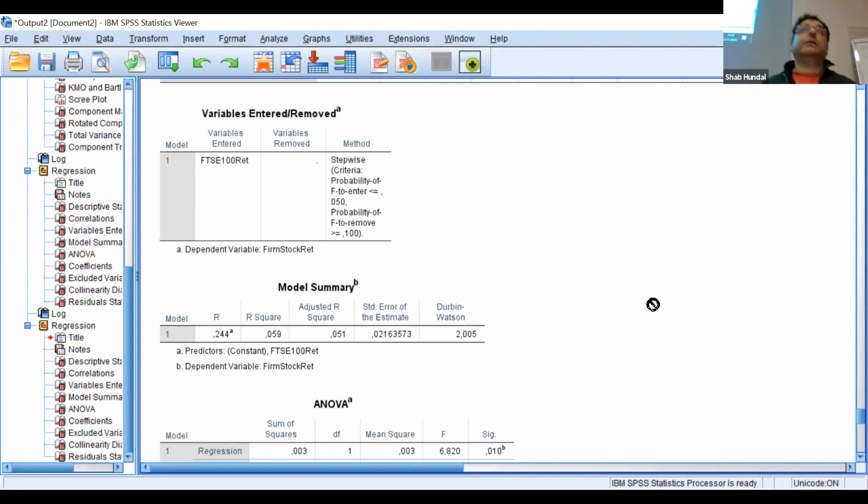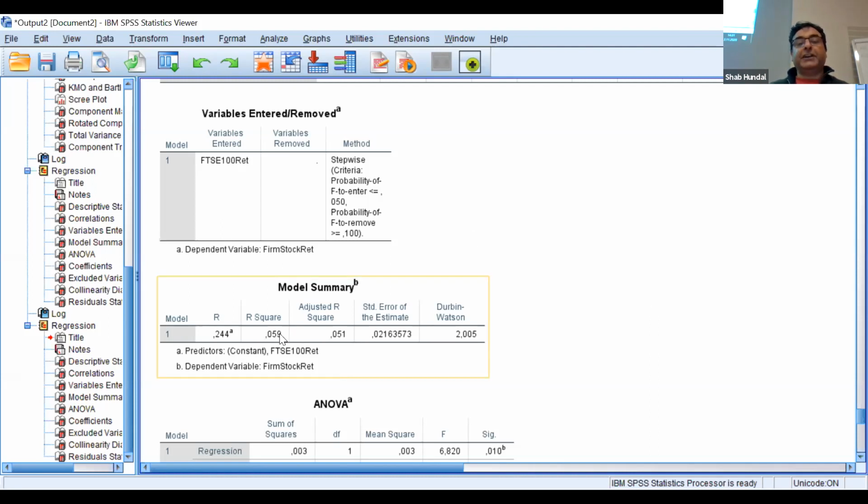It means that there is 94.1% movement which is not explained by these variables. Make sense?